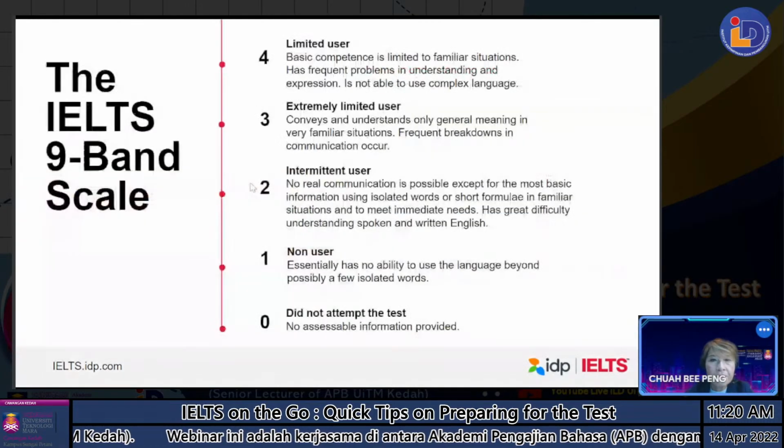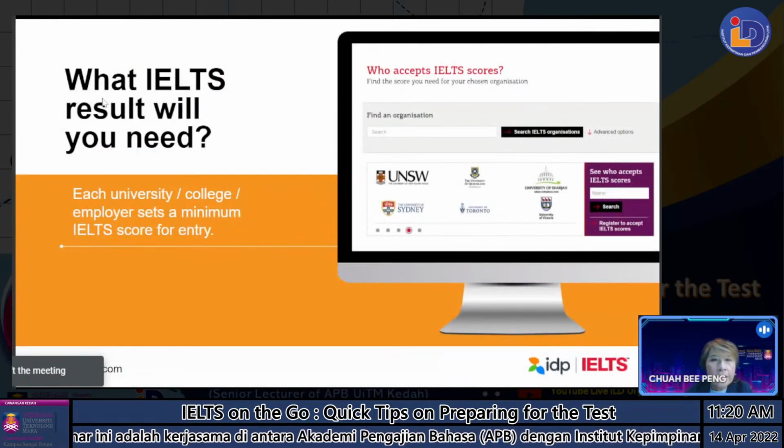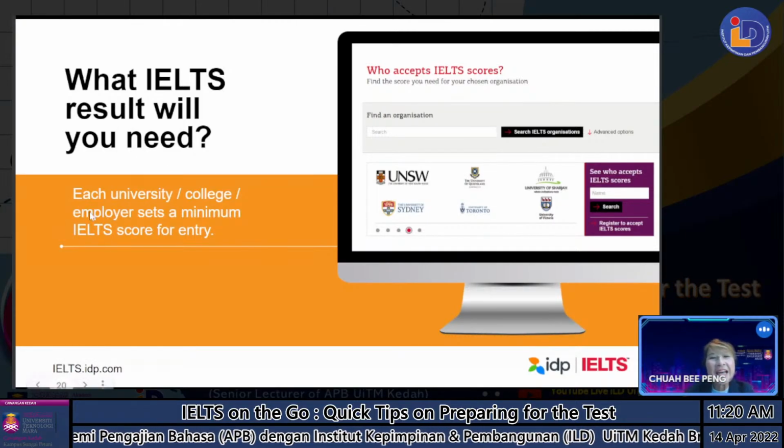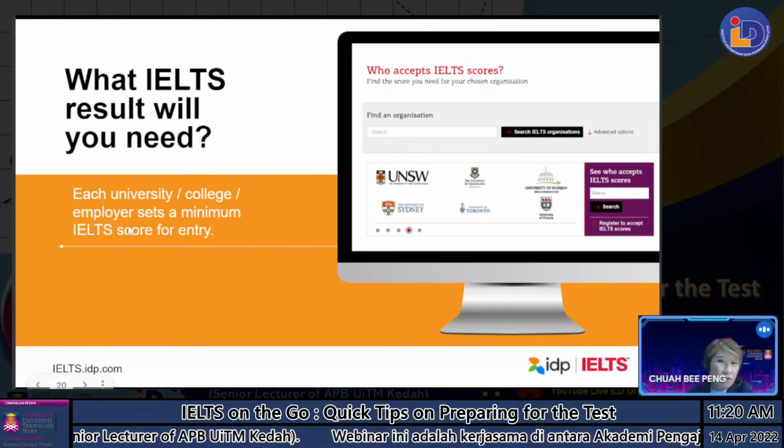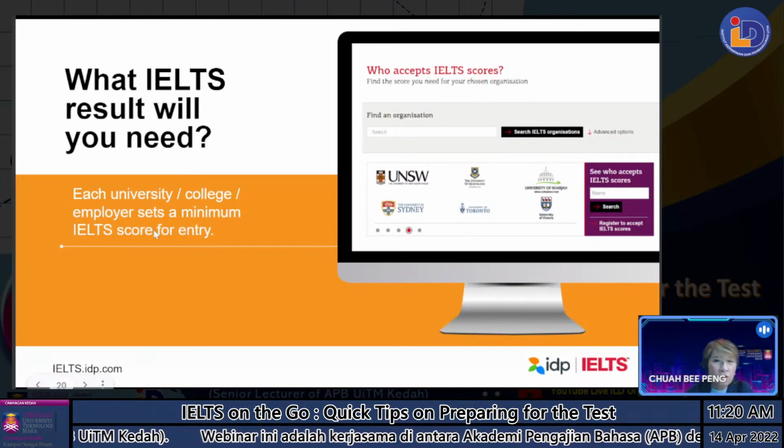So, what IELTS result will you need? Actually, each university, college, or employer sets a minimum IELTS score for entry. So let's say for our Kementerian Pendidikan, we usually have a minimum of band 6, if I'm not mistaken, if not 5.5.